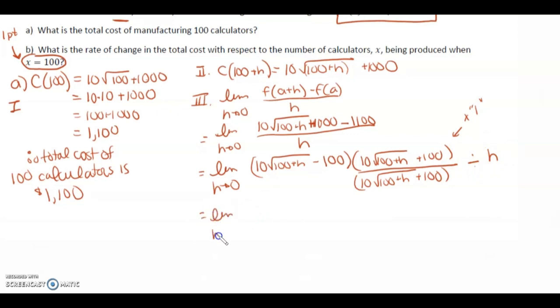Okay, leave that over there. So let's go ahead and expand. So 10 times 10, our coefficient here is actually going to be 100. Then this root times this root I'm going to keep in brackets, and it's going to be 100 plus h. And I'm keeping it in brackets because we're going to have to expand this. Okay? The middle two terms cancel out. You don't have to write them anymore.